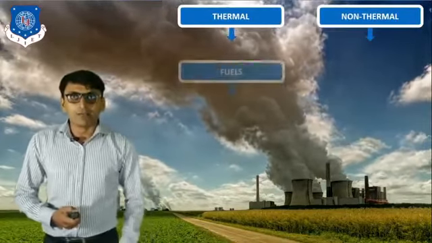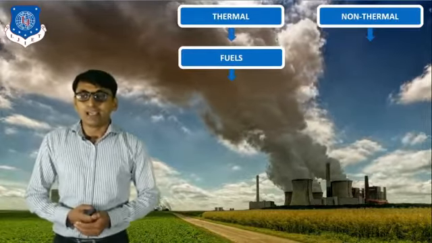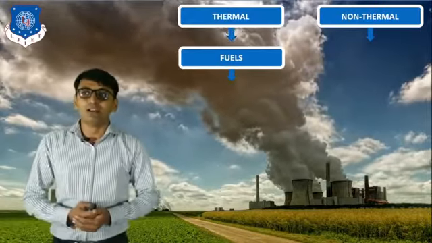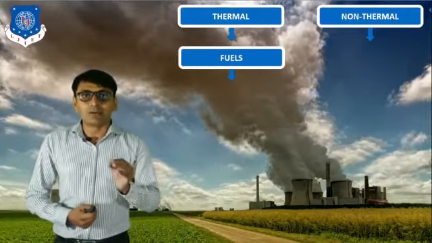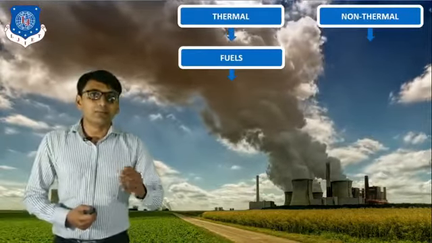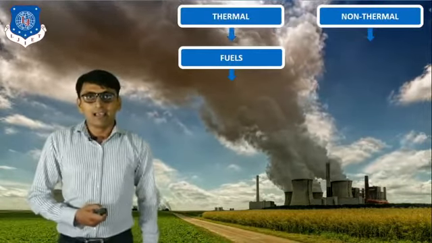that is thermal and non-thermal. Now in thermal prime movers, first one is fuel. So heat engines use fuels like petrol, diesel, etc. to convert their chemical energy into some useful work or mechanical energy.